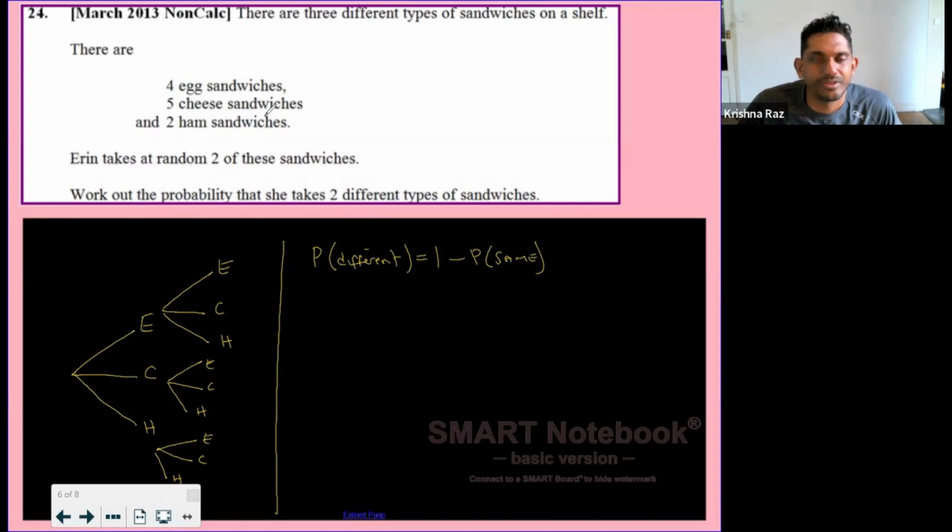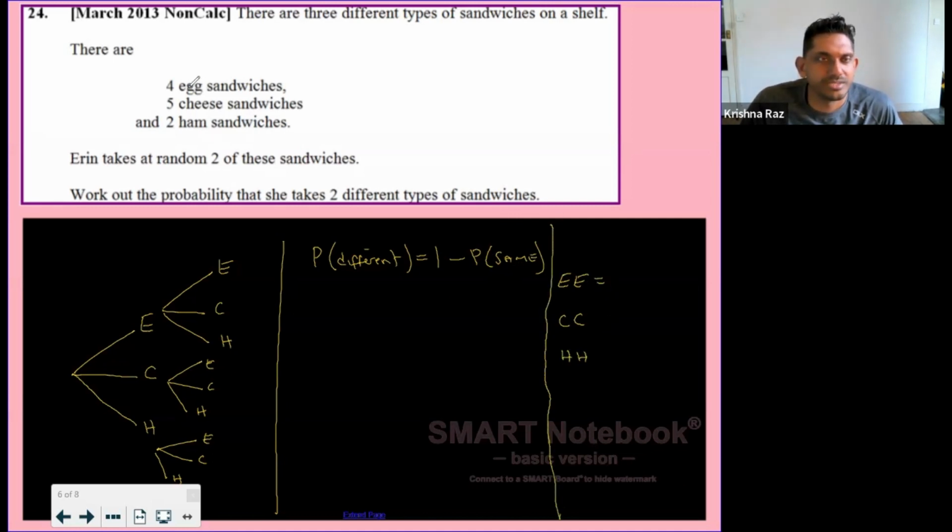In an exam, only use a tree diagram if you're given one. If you're not given a tree diagram, you'll see that it's probably easier to not use one, because the ways to get the same sandwich would be egg, egg, cheese, cheese, or ham, ham.